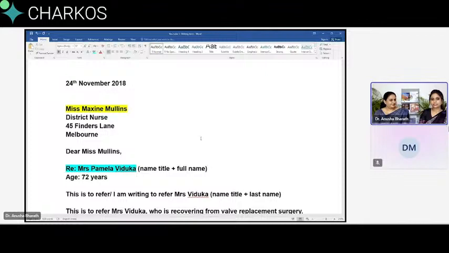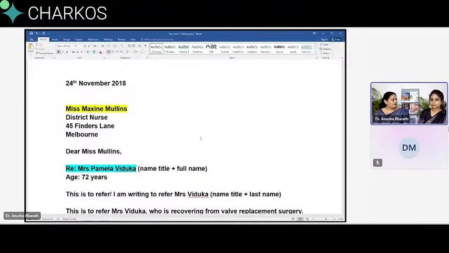The second paragraph states the current medical condition of the patient. It has the following points: when the patient was admitted or presenting complaints, then assessment, diagnosis, then the treatment given, medications if any, complications if any, and always remember to end your second paragraph with the current status of the patient.